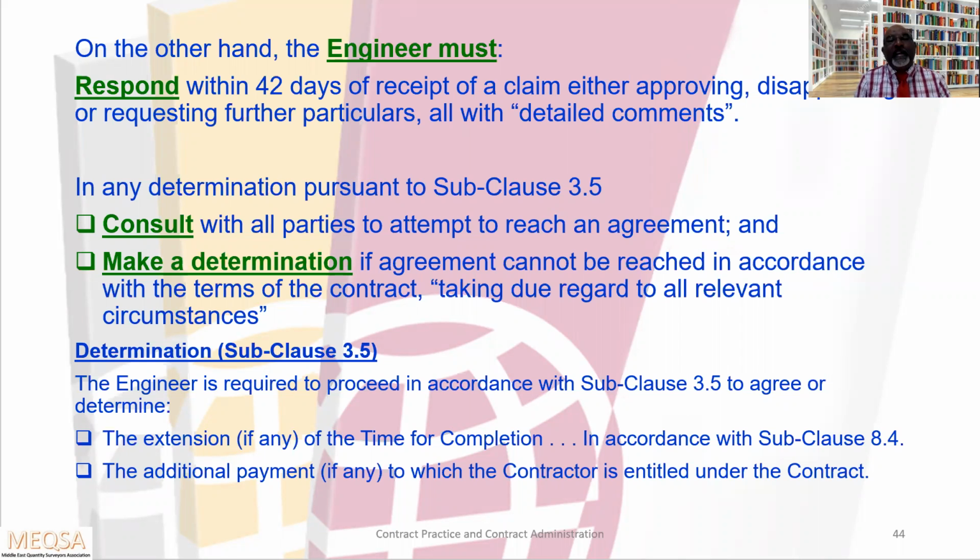In any determination pursuant to subclause 3.5, consult with all parties to attempt to reach an agreement and make a determination. If agreement cannot be reached in accordance with the terms of the contract, taking due regard to all relevant circumstances.